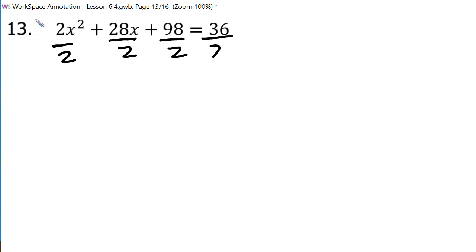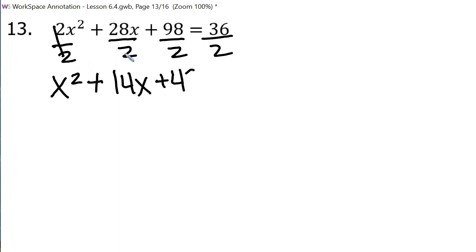These two cancel. This would be x squared plus what's 28x divided by 2? 14x. What's 98 divided by 2? 49, and 36 divided by 2? 18. I want you to finish number 13.